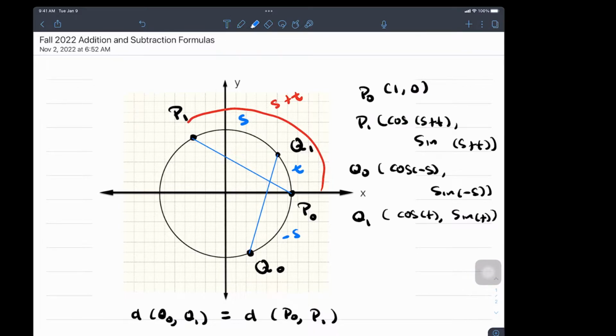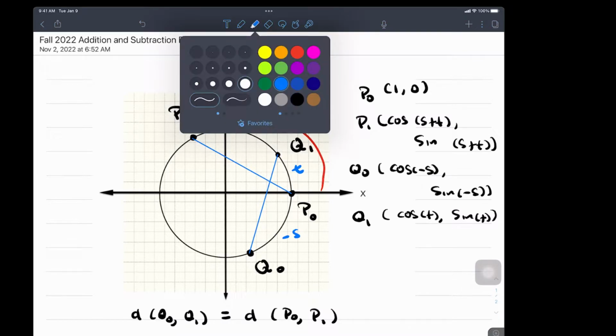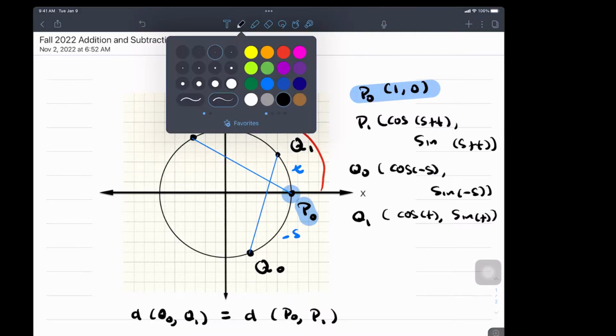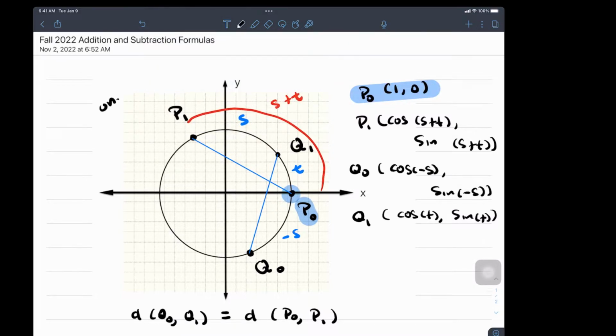This is a circle here, and I want people to know that there's a very interesting relationship here. So let's start off with this particular address at P naught. We define that as (1, 0). So this is going to be a unit circle, so people know. Okay? So there's P naught.